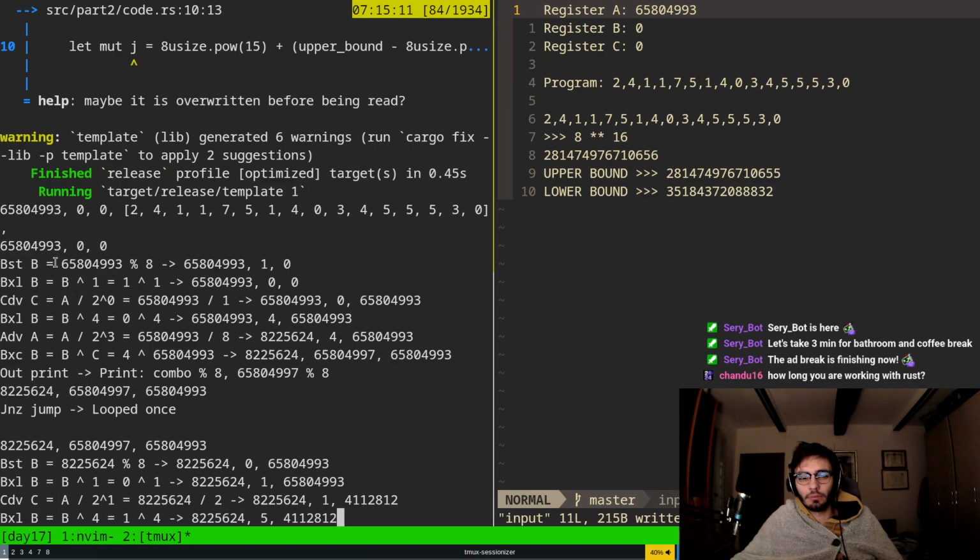Then B would be mod, so the lowest bits of A, followed by the lowest bits of A or 1, then or 4, then or C. Yeah, the big problem is C. But C is shifted based on how many Bs there are. Yeah, man, they're all codependent basically.